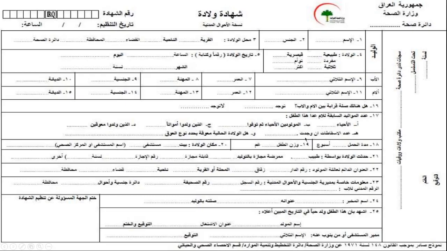Number of miscarriages, if present. Is the present birth deformed? Specify the type of deformity. Basically this is asking if the present child who was just delivered, I'm using the gender neutral pronoun they, so do not be surprised, if they have any deformations, you write the deformation right here.